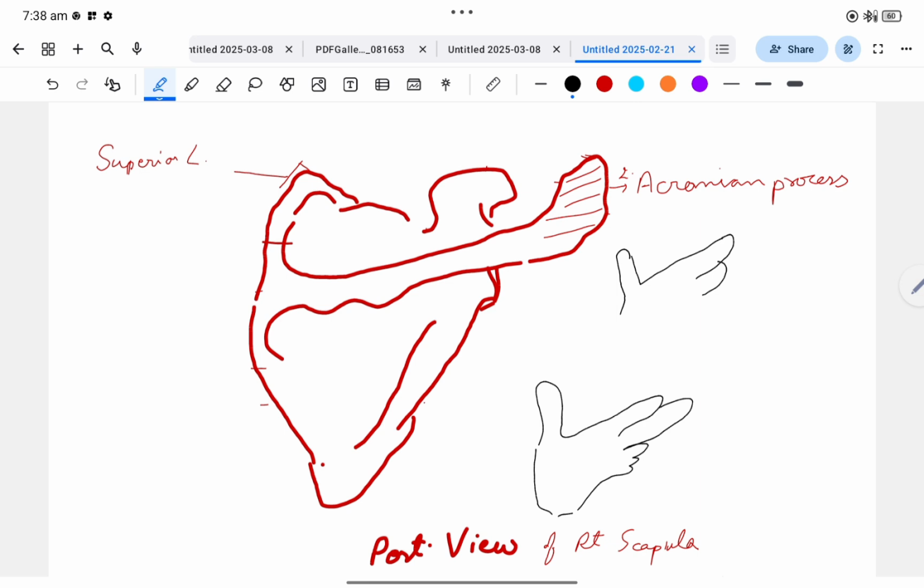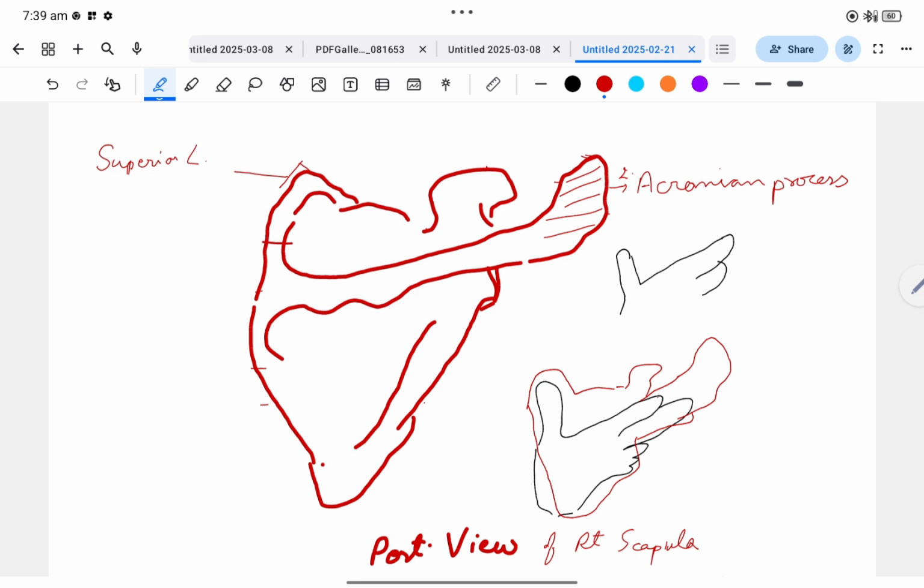Keep the acromion process like this, and keep the superior angle towards your thumb. This is your coracoid, and the remaining part of the scapula is below it.